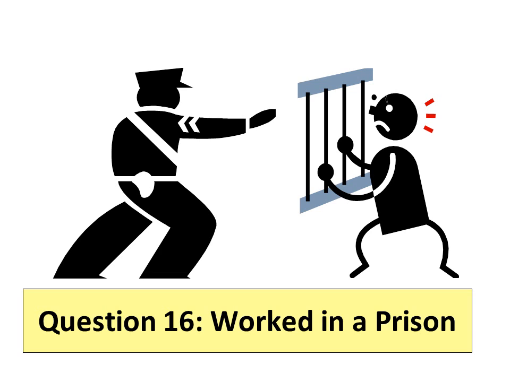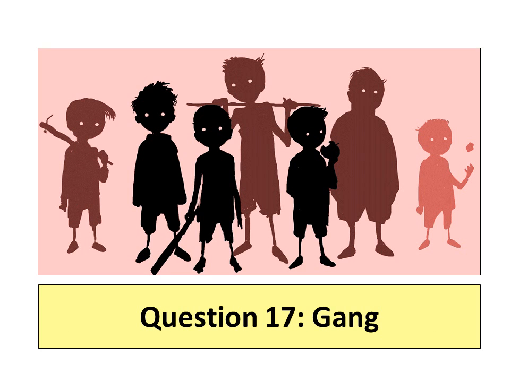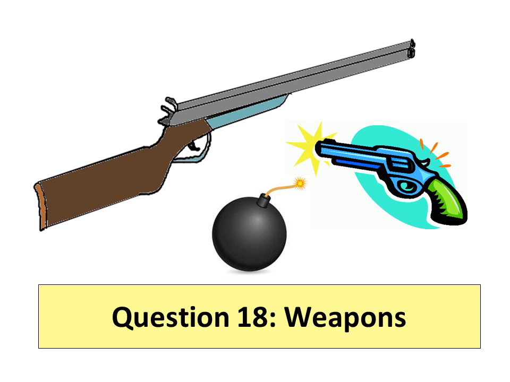Question 16, they will ask if you've worked in a prison or labor camp. Question 17, they will ask if you've ever been a member of a gang or have used weapons against other people. Question 18 will ask if you've ever sold or given weapons to another person.